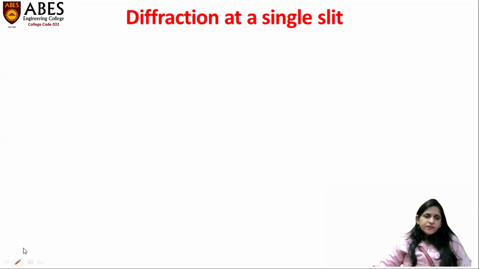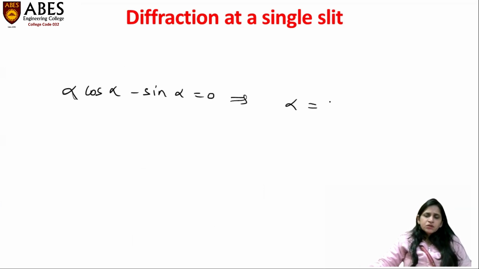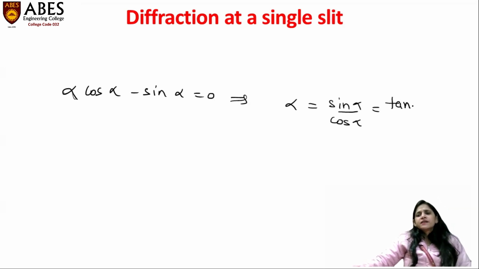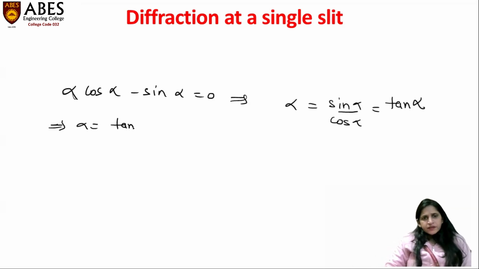What is the second term? Alpha cos alpha minus sine alpha is equal to 0. So from here alpha is equal to sine alpha upon cos alpha, that is tan alpha. So we get alpha is equal to tan alpha.